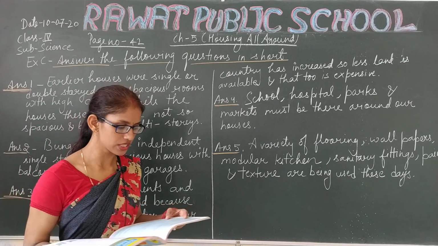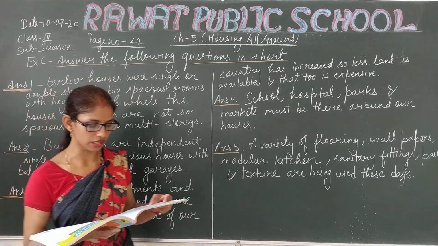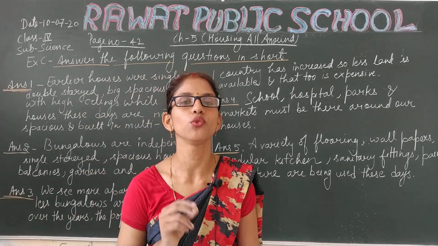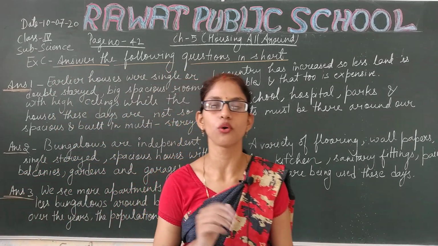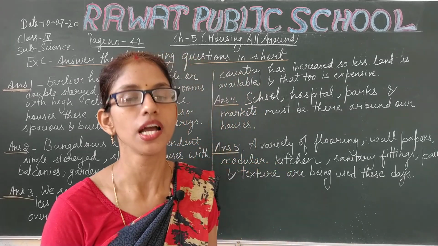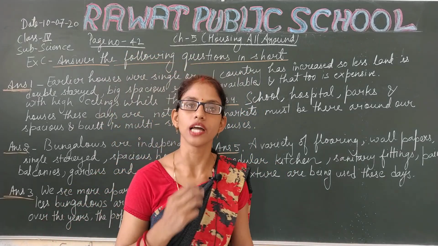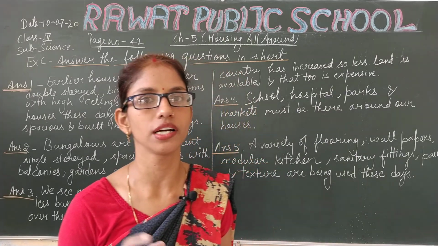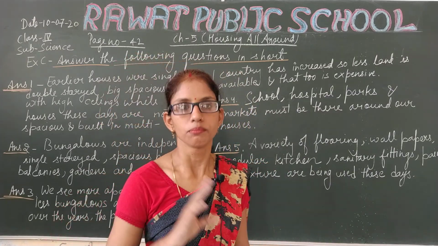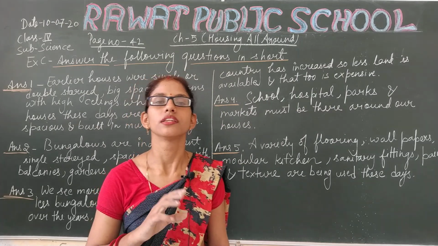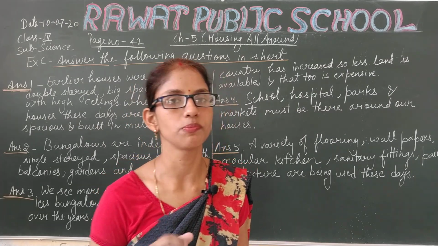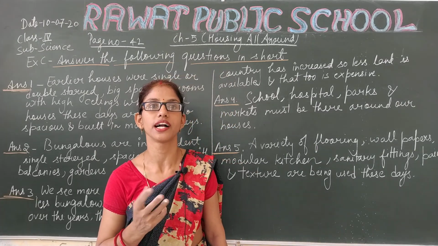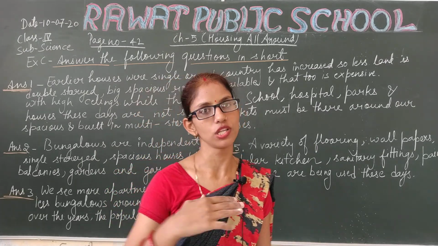What are the differences between the houses in earlier times and houses now? So students, in this question you have to write the difference between the houses which are found in the early times and the houses which are found nowadays. As we have discussed in the chapter, houses in the early times are single or double storied, the rooms are very large and spacious, availability of sunlight is there, fresh air is there, gardens are there, and the ceiling is also very high.